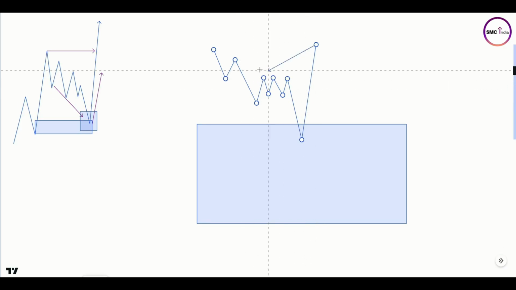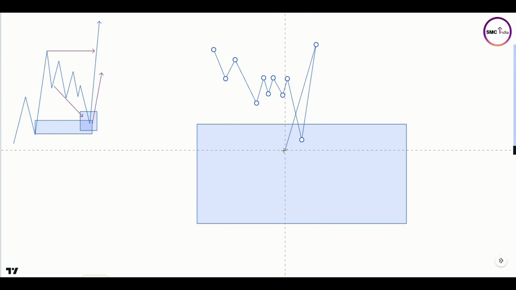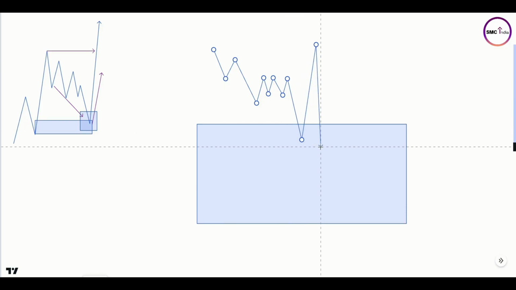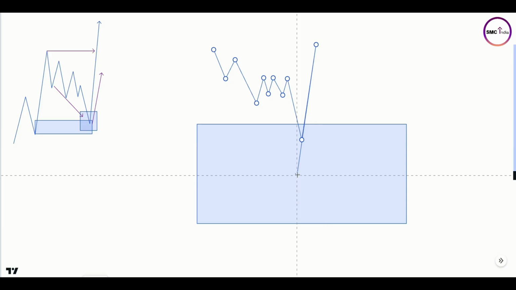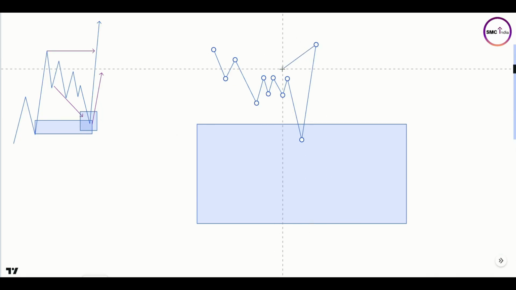And when you see this change of character here and the price bounces back from this demand zone, you could identify this as a bullish market because the price comes back to this higher time frame demand zone and the price is going to move back up. So what you do is that you wait for the price to tap into this demand zone here and then cause a change of character up here.